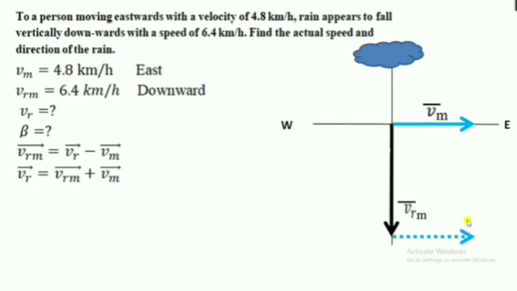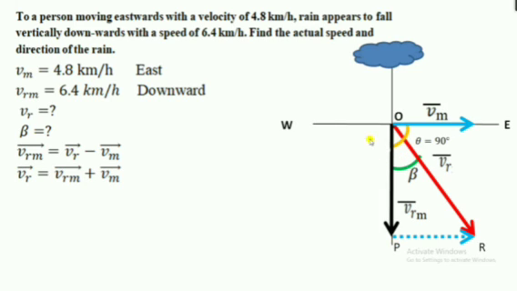So this will be our VR. So these are the two sides of the triangle. So third side will give the resultant. So this is the VR, velocity of rain, and angle between VM and VRM is 90 degree. And we have to find the direction of VR, that is angle beta.